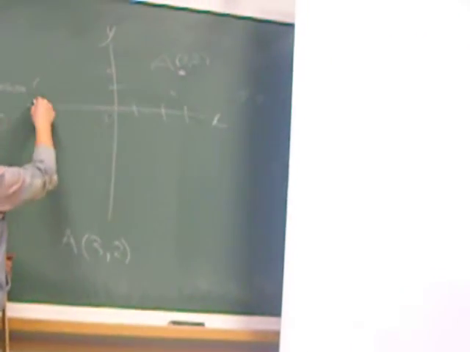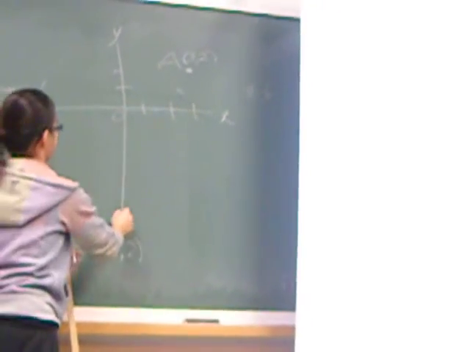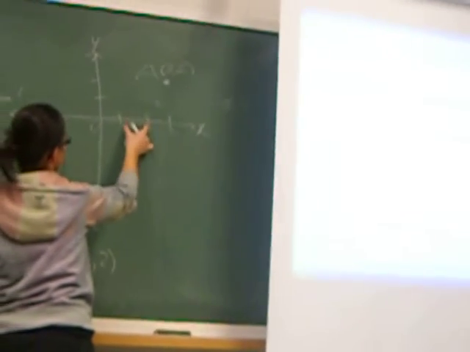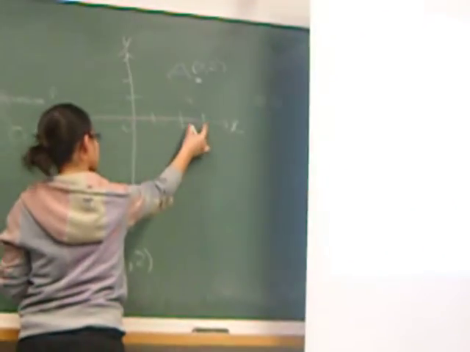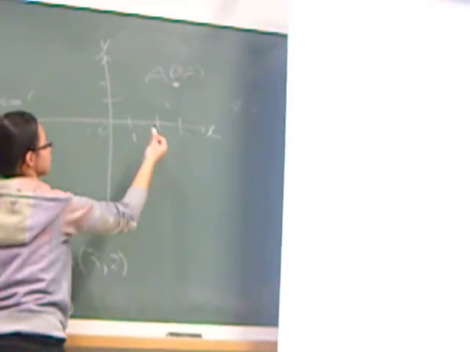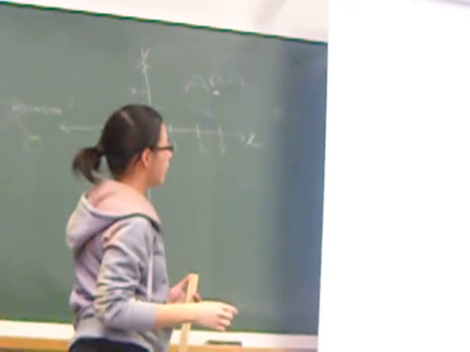Infinity axis, so you put the arrows on the end of the axis if needed. Neatly spaced axis, so they should all be the same space apart, and a title of the graph.